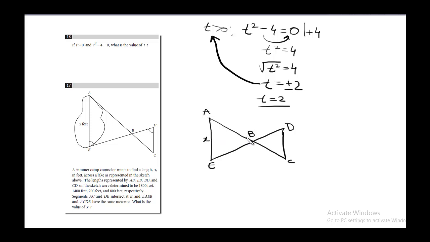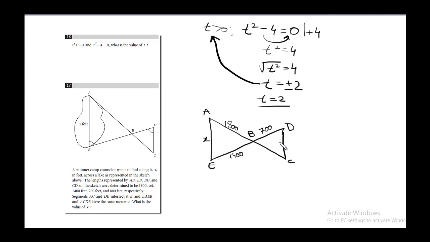The length of AB is 1,800 feet. The length of EB is 1,400 feet. The length of BD is 700 feet.